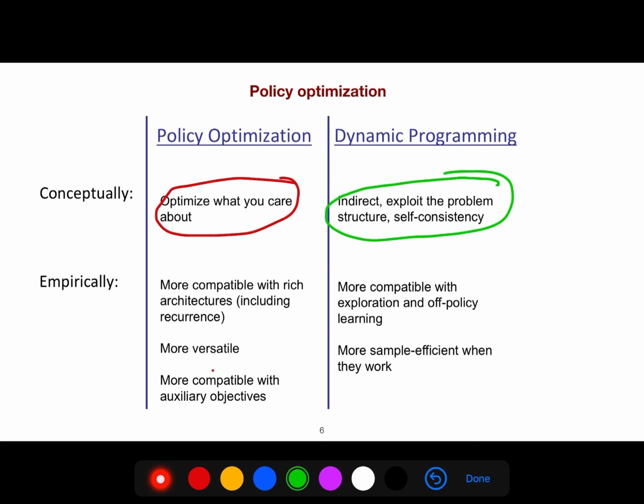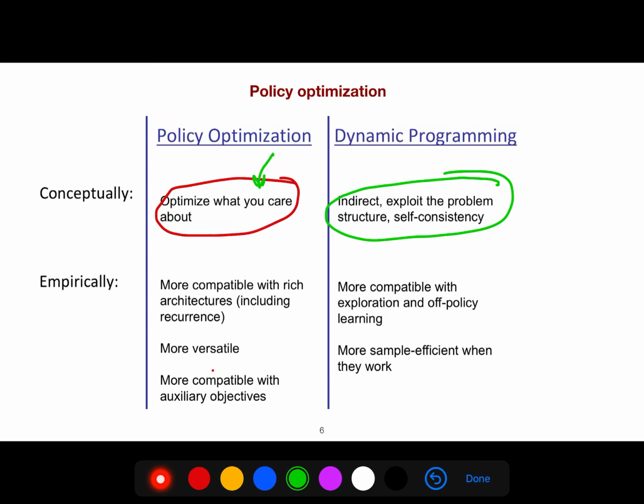As you have seen, you try to converge the value function, and implicitly you then know the actions. But in policy optimization, in a straightforward manner, you go along that direction in order to optimize the objective you really care about.